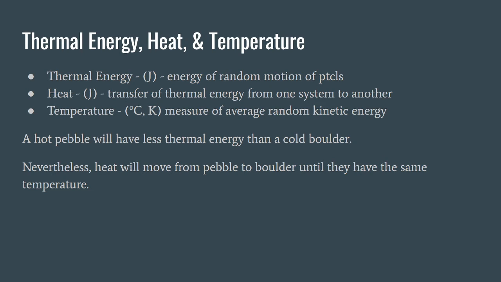But the boulder, nevertheless, will probably have more thermal energy just because it has more particles. We tend not to care too much about thermal energy. It's important, it's there. We work with temperature and heat. We talk about the transfer of thermal energy a lot more than we talk about thermal energy itself. And when we think about thermal energy, we're mostly thinking about it in terms of temperature.